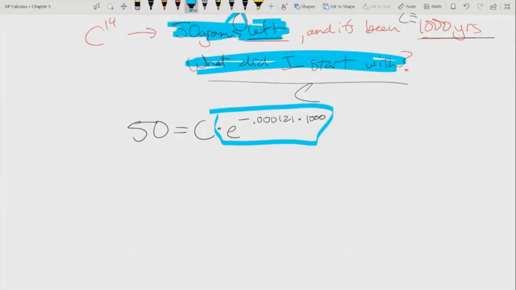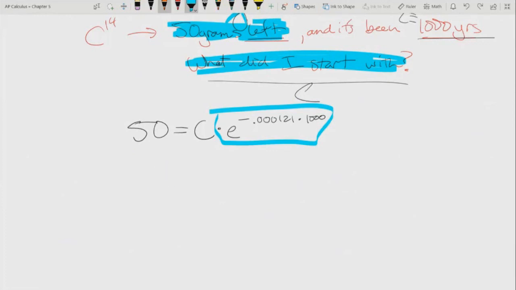In other words, 50 divided by that, and you get your amount you had started with. Let's just do that really quick, huh? Let's try it. Why not? 50 divided by e to the x raised to the negative 0.000121 times 1,000 power, and I get a C value.